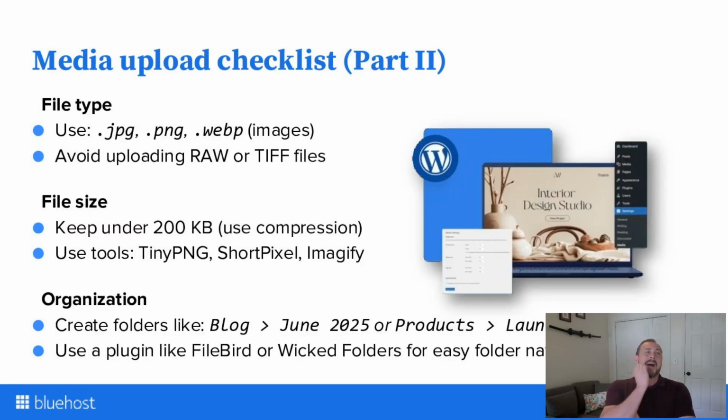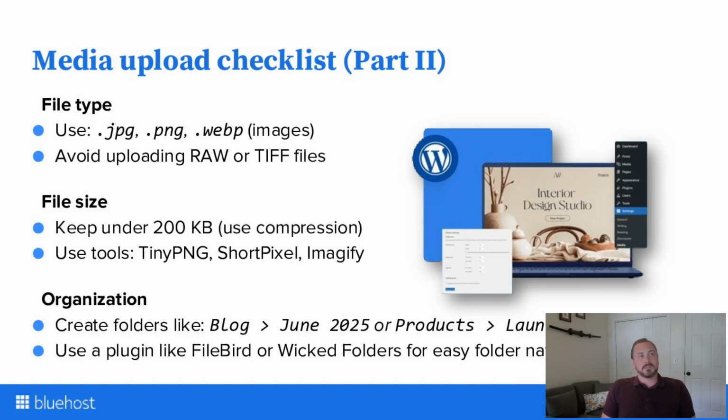And so our next section here is talking about file types. So we mentioned JPEG and PNG. That's what most people have saved their images as. And you don't have to convert them to WebP before you upload them. Like I said, there's some plugins that will do that. There's a lot of file types you probably don't want to include.